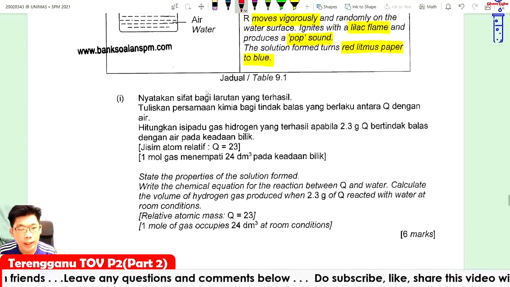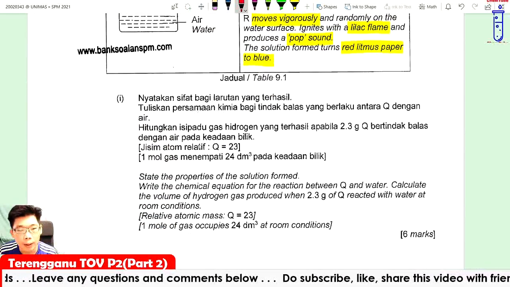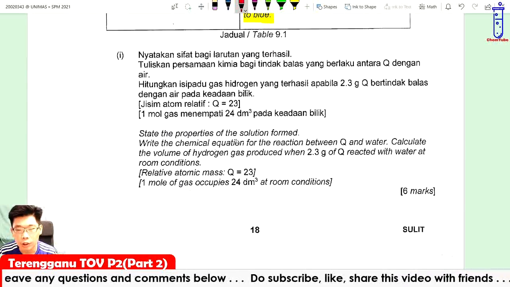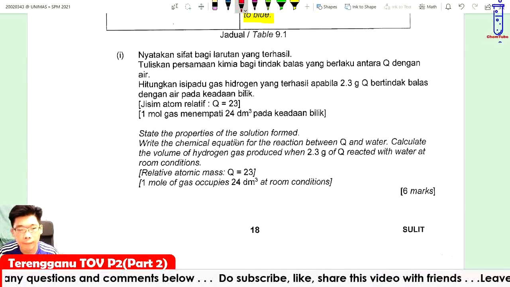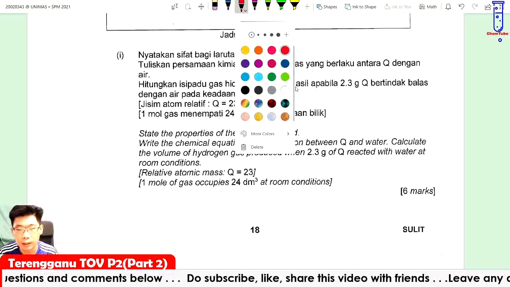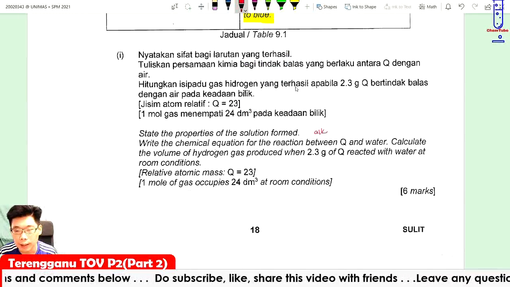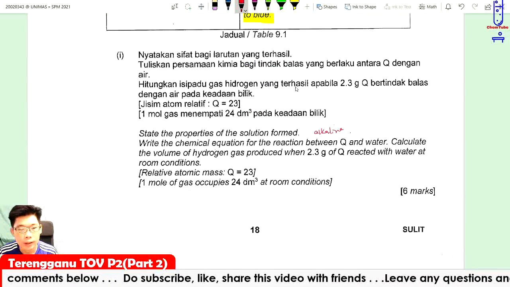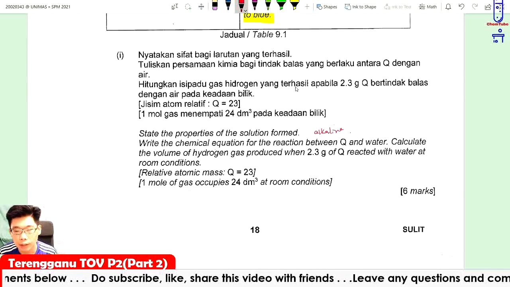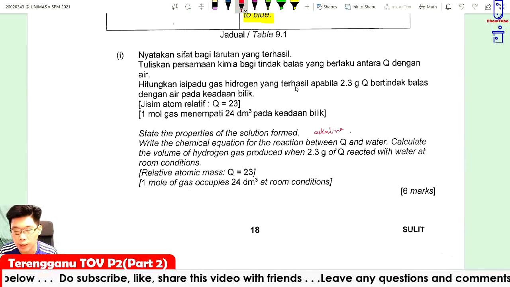Now state the property of the solution formed. I mentioned just now, so it is alkaline. 1 mark. Now write the chemical equation for the reaction between Q and water.